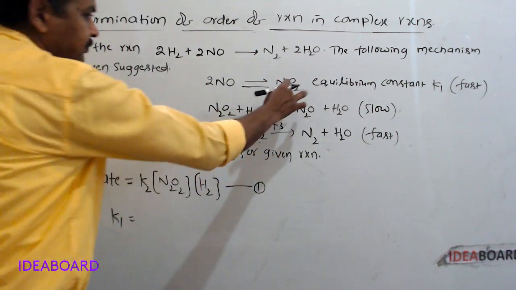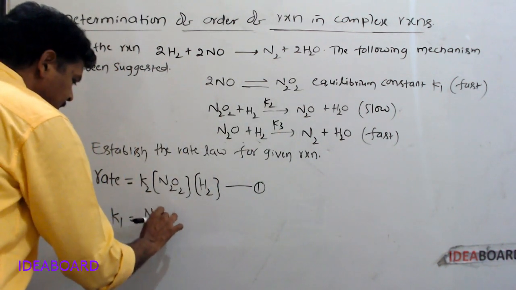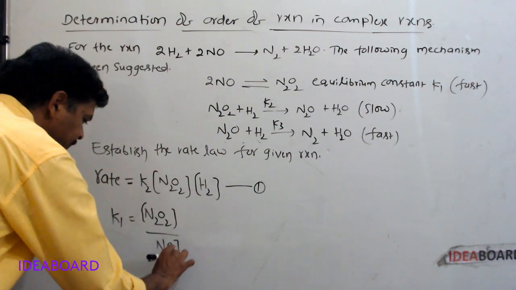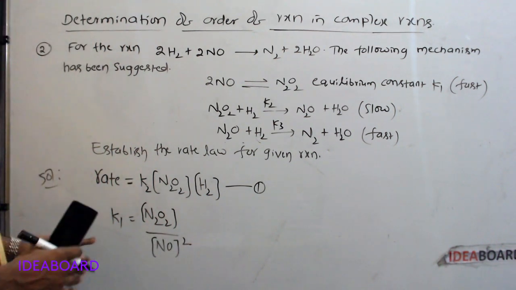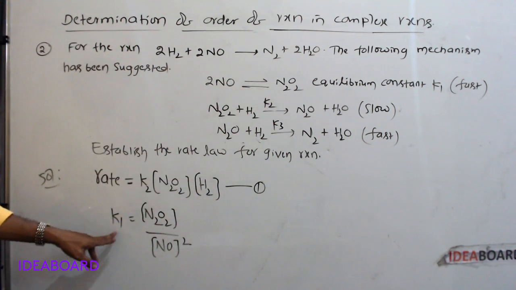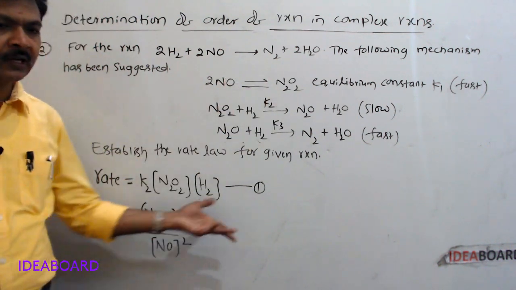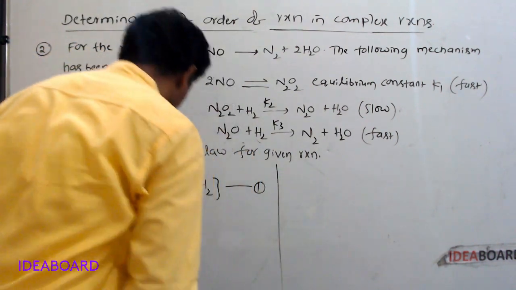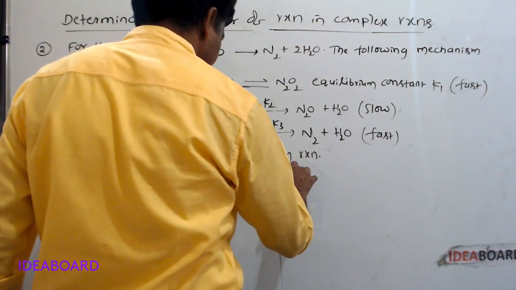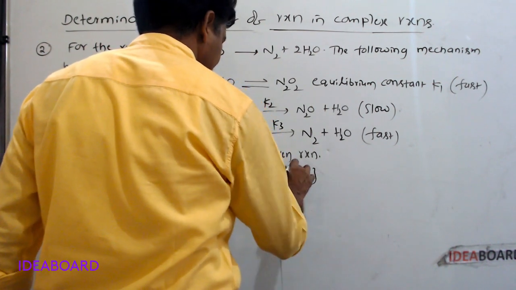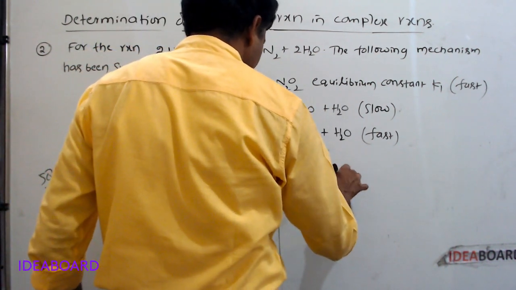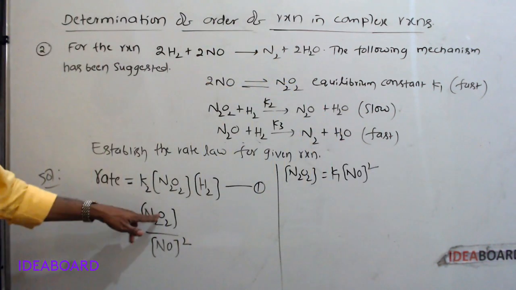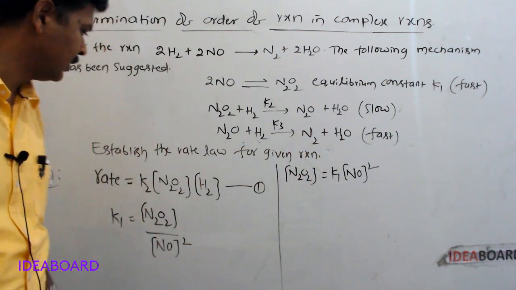K1 is equal to concentration of N2O2 divided by concentration of NO squared. Then the concentration of N2O2 is equal to K1 into concentration of NO squared.